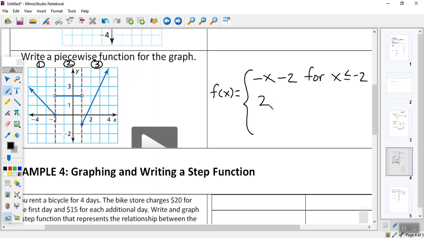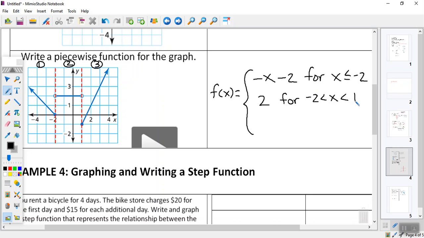It's a horizontal line, and this is the tricky part. Watch what I write. The function is at 2 between what values? Greater than -2, but less than 1. And this is the way you write this: -2 less than x less than 1.